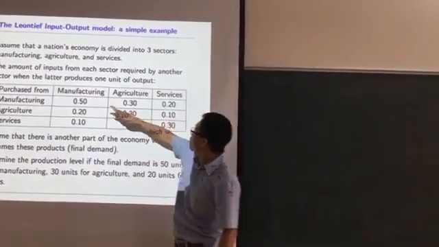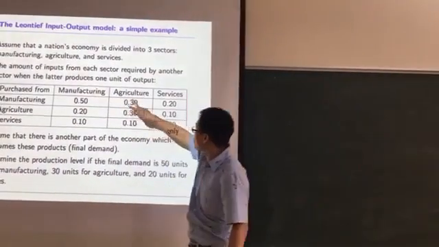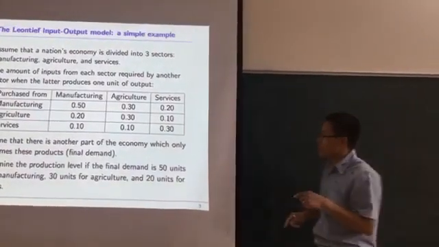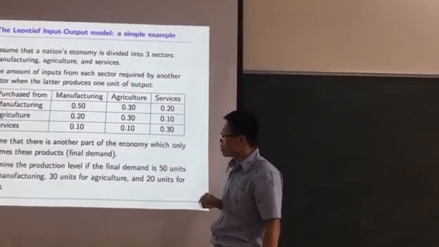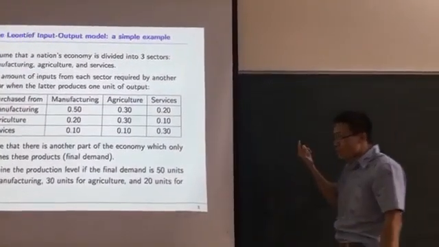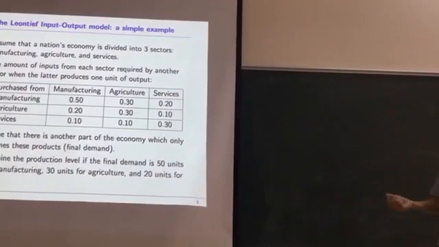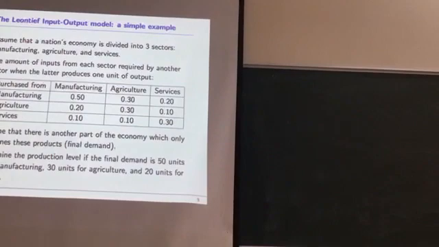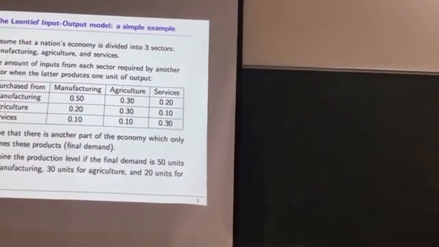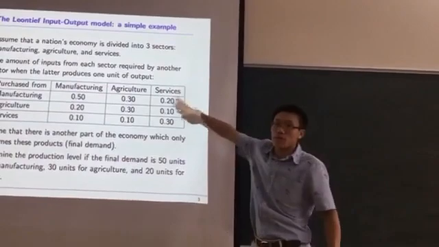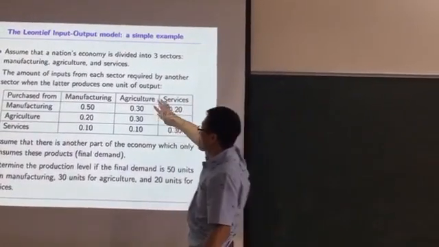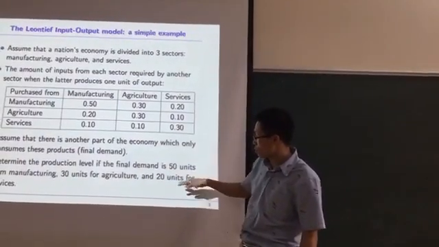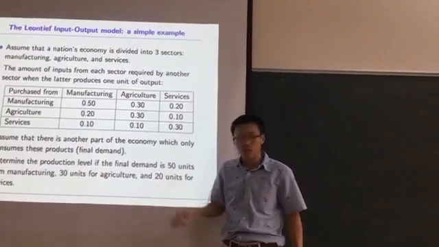So in this example, let's try to determine the production levels. I mean, how many units of manufacturing, agriculture, and services we should produce in order to meet the final demand of 50 units of manufacturing, 30 units of agriculture, and 20 units for the services. So after the products are used by the other sectors, we can still have 50 units from manufacturing, 30 from agriculture, and 20 from the services.